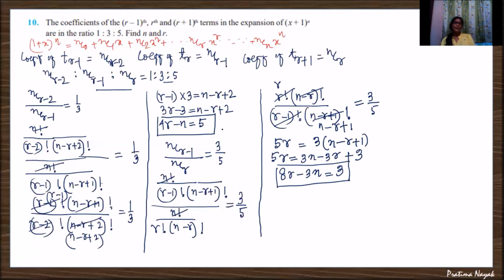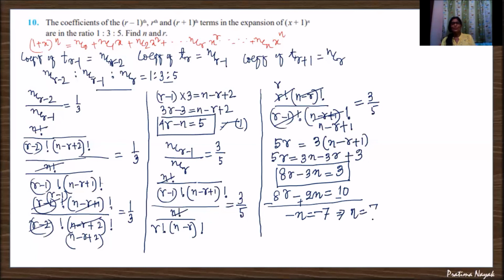So I'll multiply equation 1 by 2, and I'll write 8r-2n = 10. So how much am I getting? If we subtract this, 8r subtracted, we'll get -n = -7. So n is equal to 7.